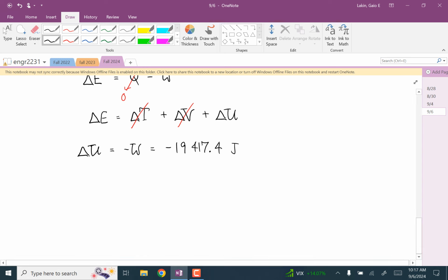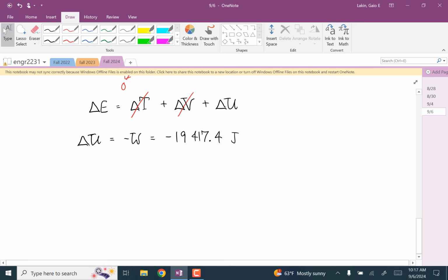So this could either make the temperature go down or it could make a gas go towards being a liquid. So assuming it's well insulated, your delta U is always just going to be the opposite of W.